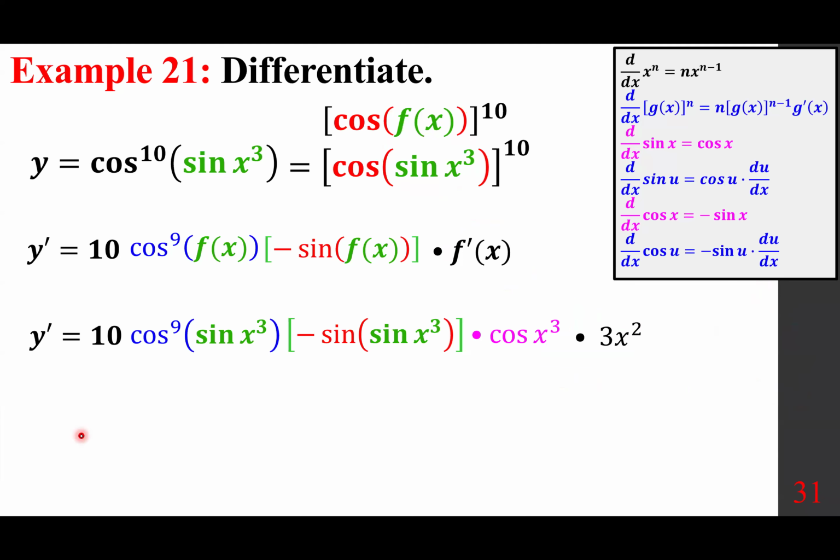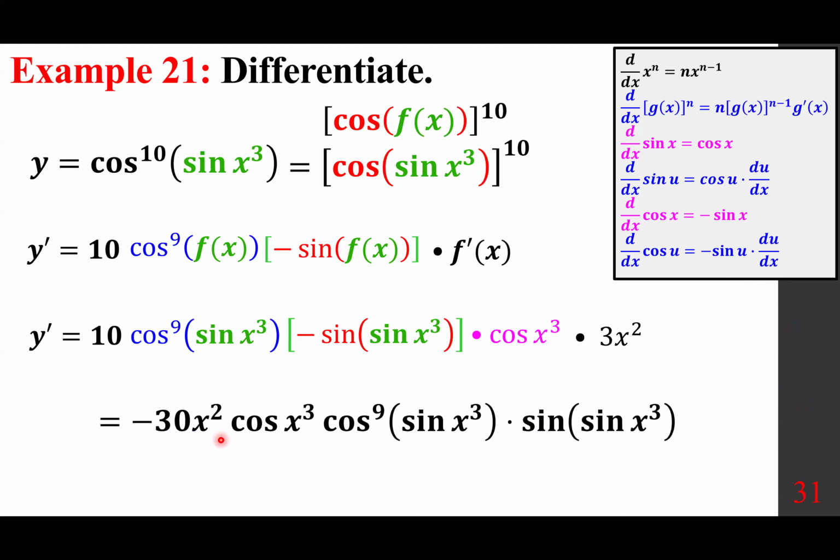Now you put them all together. You have 10, you have negative sine, you have 3, so you get negative 30x squared in the beginning, cosine of x cubed, and the rest of them. So negative 30x squared, cosine of x cubed, cosine to the power of 9 of sine of x cubed, and sine of sine x cubed. That's what we get as the final answer, everybody.